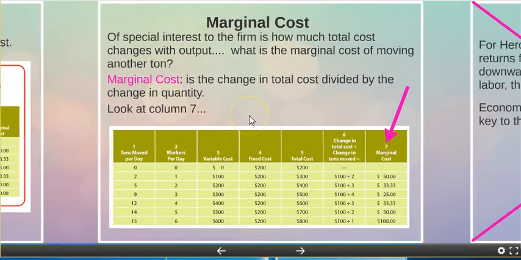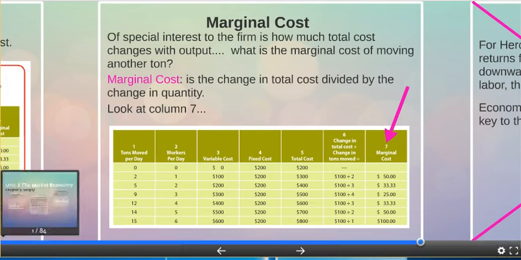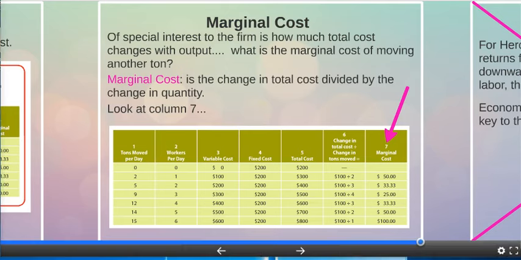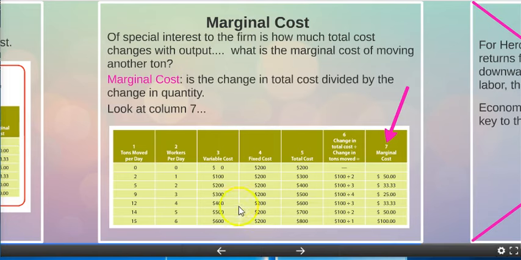Marginal cost. The firm is actually more interested in marginal cost because it's how they can figure out whether they're being profitable or not. What is the marginal cost of moving another ton of furniture? If we look at column 6, marginal cost is the change in total cost divided by the change in quantity.